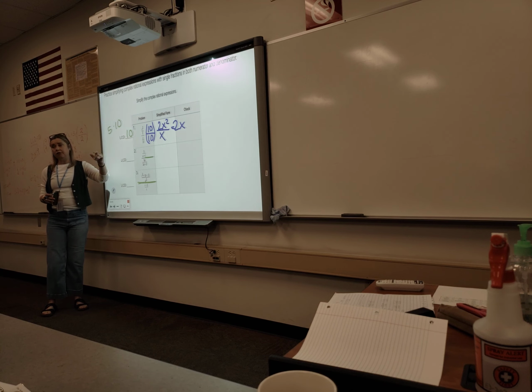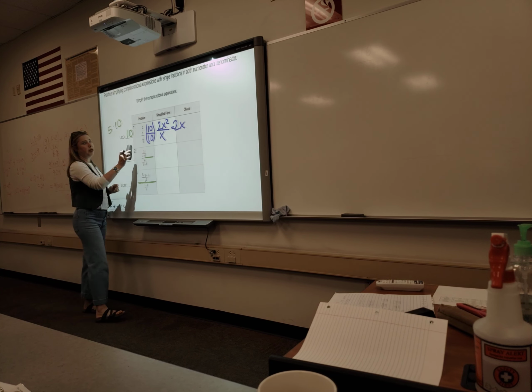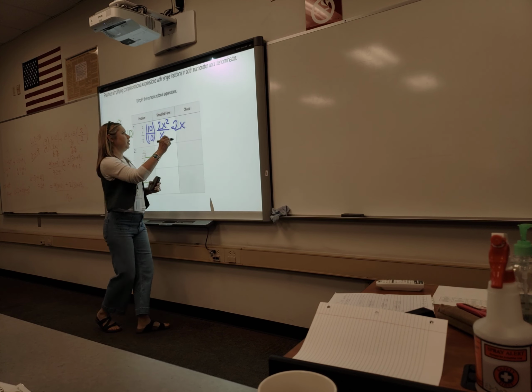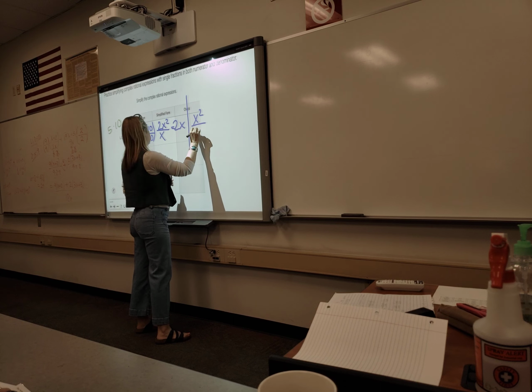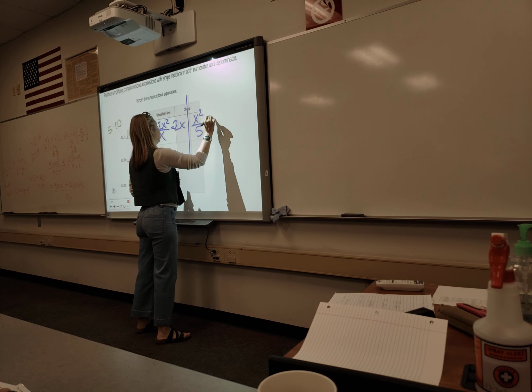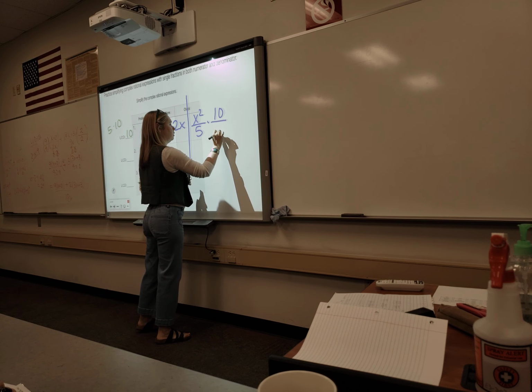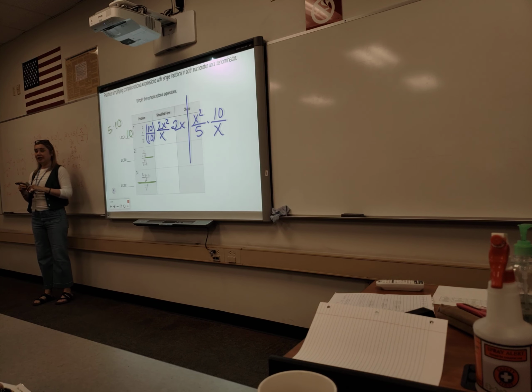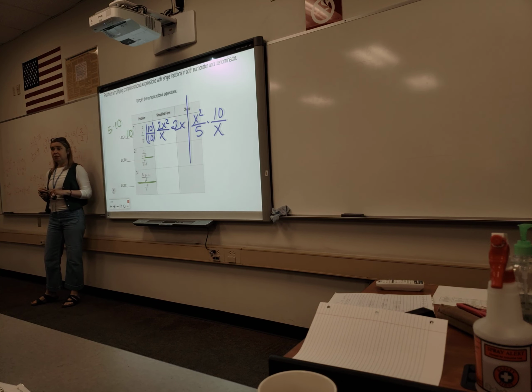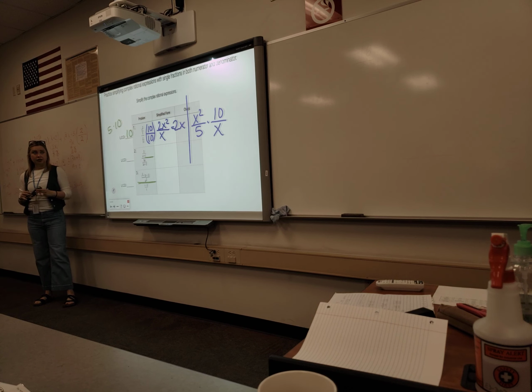What if we did it the old-fashioned way of flipping? I'll just rewrite it over here, flipping x squared over 5. It's going to be the same thing. So there's two different ways to do this one, because we don't have many fractions up top and many fractions down below.